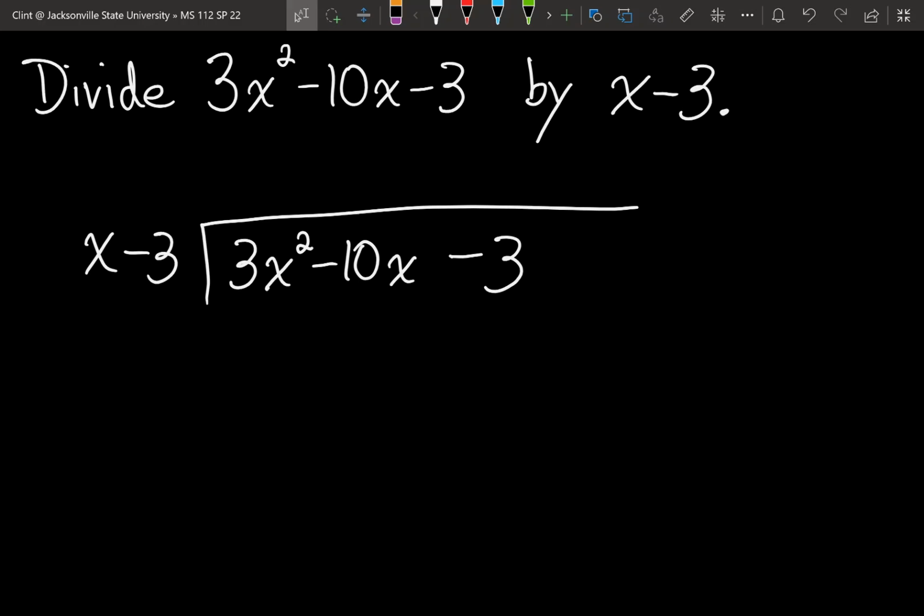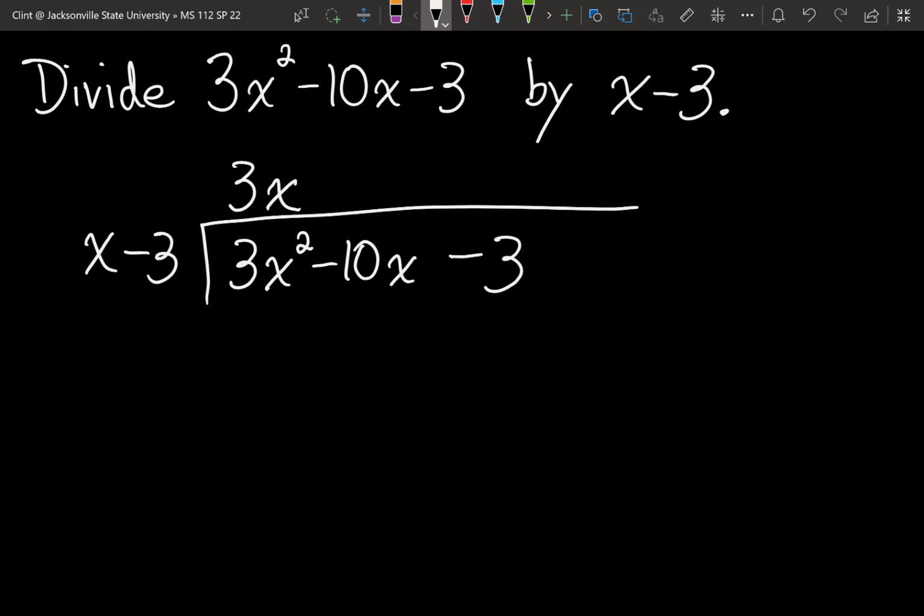If we've got an x and we need to get to 3x squared, what would we have to multiply by? We'd have to multiply by 3 for one thing. And then to make x be x squared, what else would we need? We would need a 3 to get 3x. And then what else?